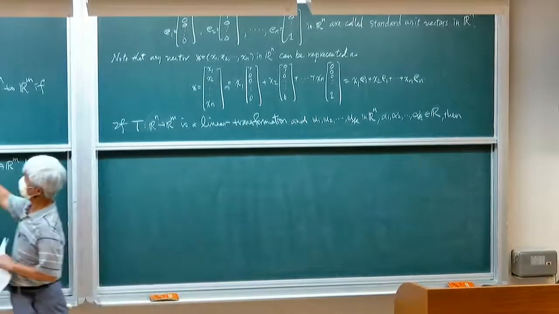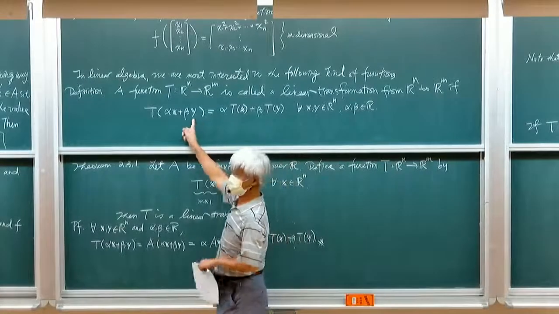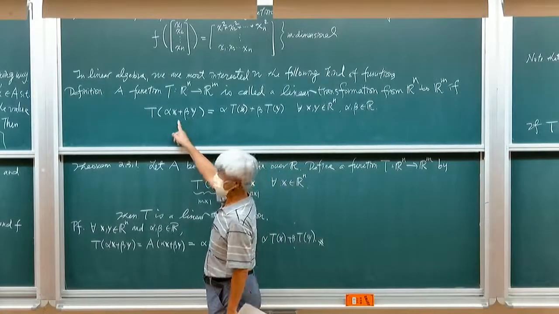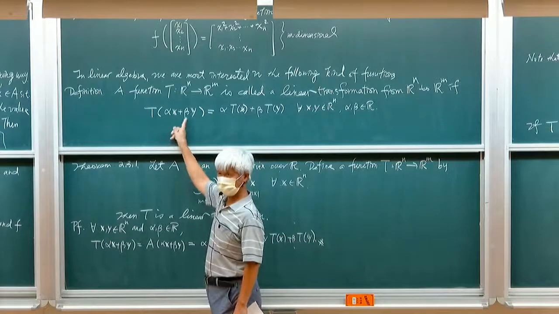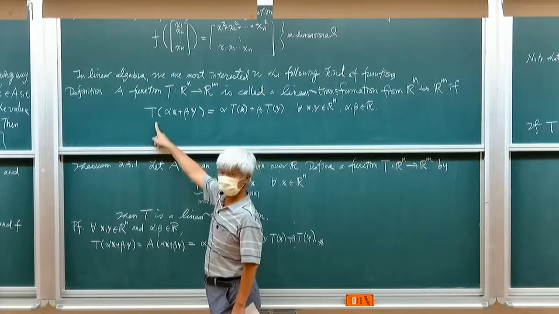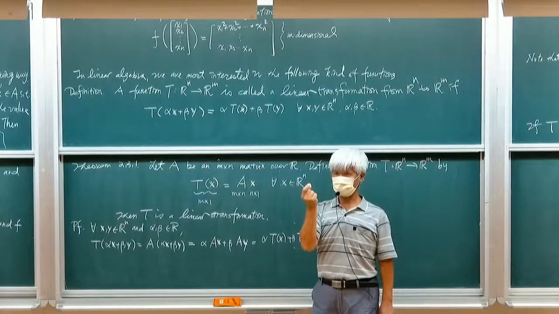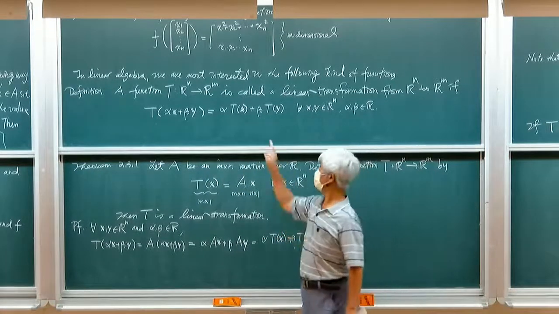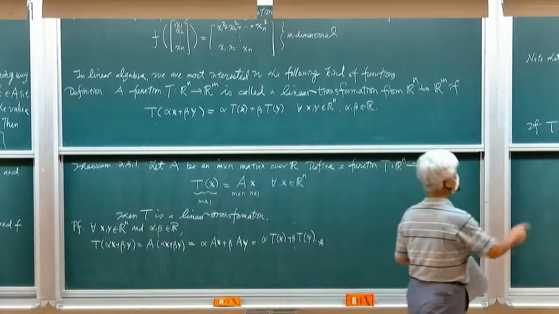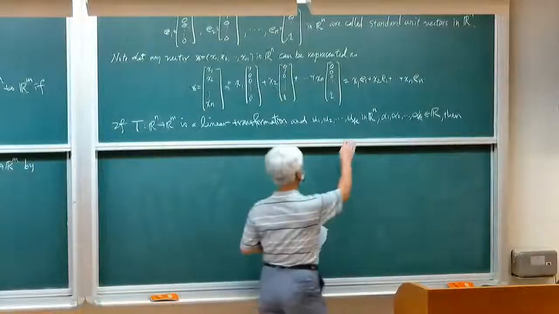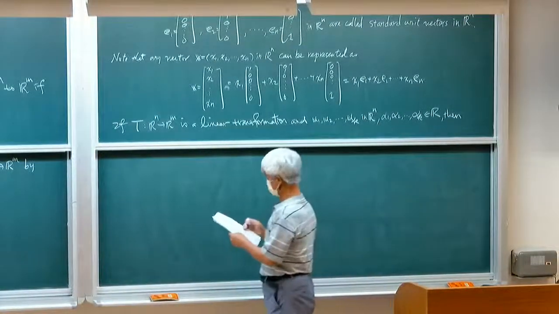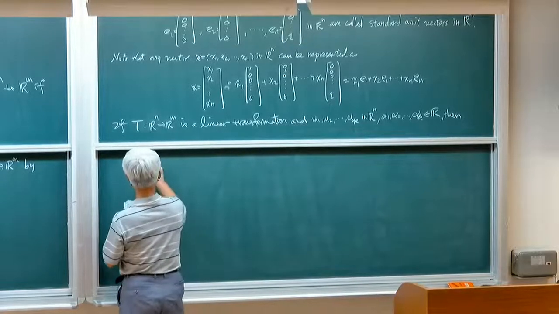In the definition, we just require that for a linear combination of two vectors, the mapping T will preserve the format of the linear combination. But this can be extended to k vectors. All right, so let's see how.